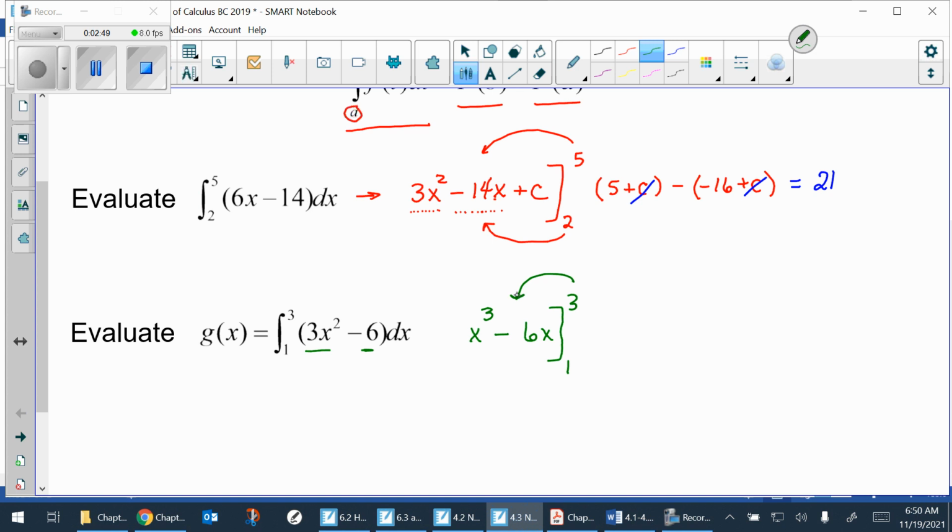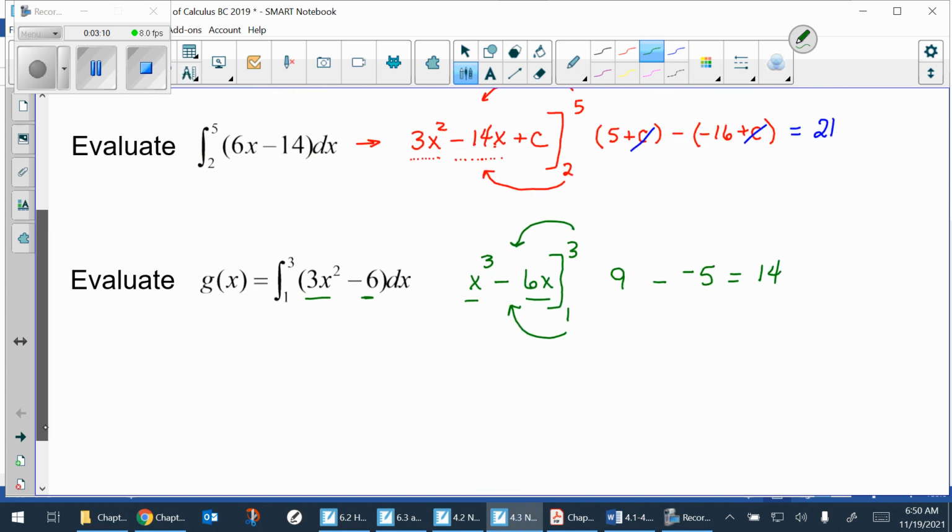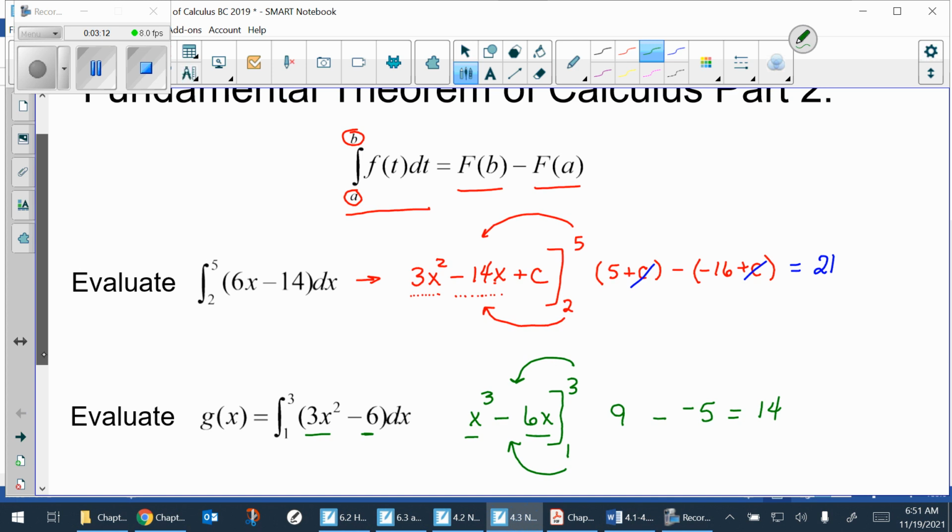And putting a 3 in, we get 27 minus 18. And then we'll subtract away what we get when we put a 1 in. And we have 1 minus 6. So we're going to get a 14. So that's fundamental theorem of calculus part 2.